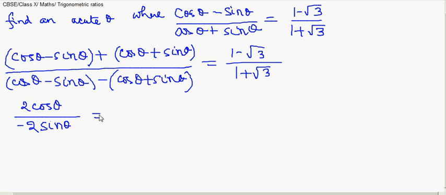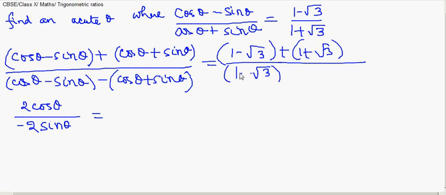If I remove this part, I forgot to write the same on the right side as well. This is 1 plus root 3 plus 1 minus root 3, and this will be minus, the negative of it, the same theorem.